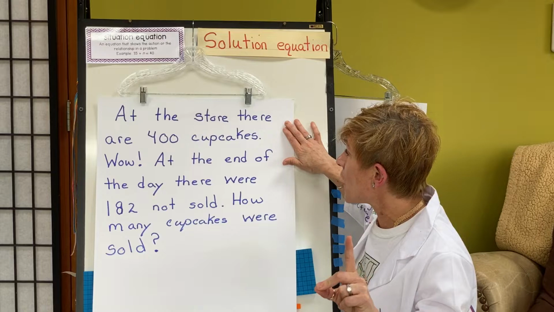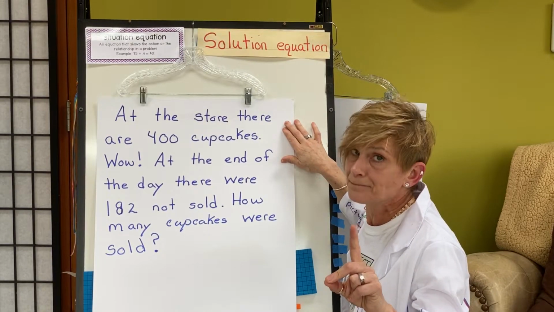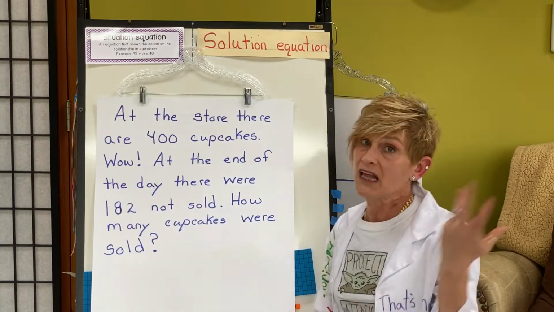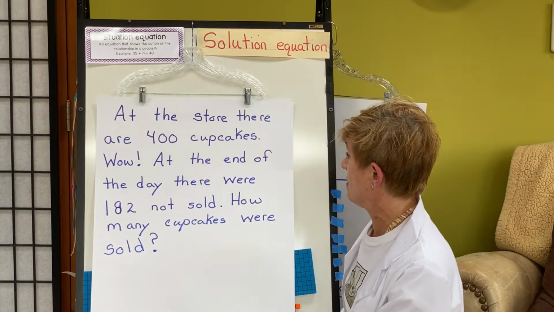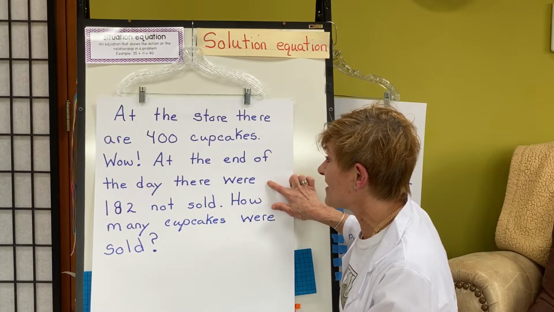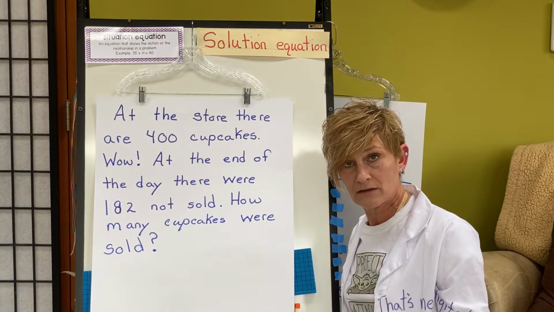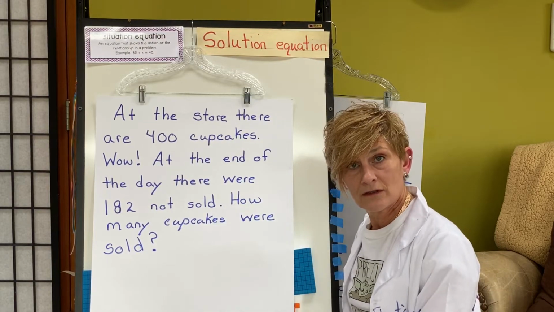At the store, there are 400 cupcakes. That's important, right? It is. And then I said, wow, because I'm like, that's a lot of cupcakes, people. Let's be honest. 400. At the end of the day, there were 182 not sold. How many cupcakes were sold?